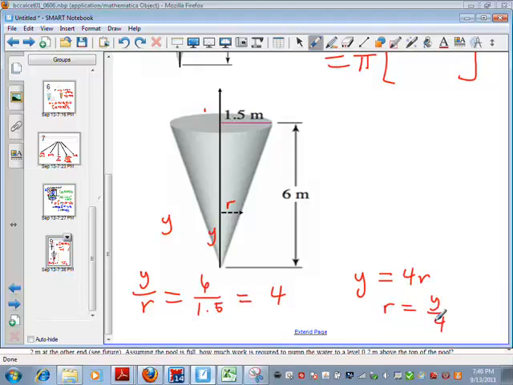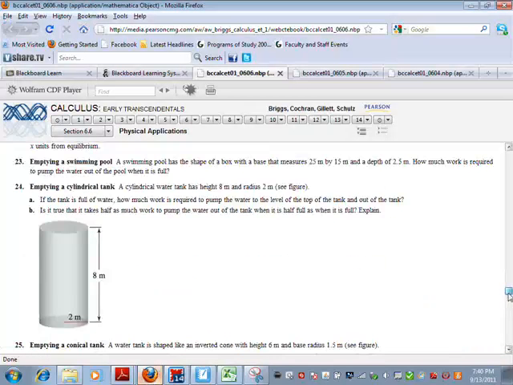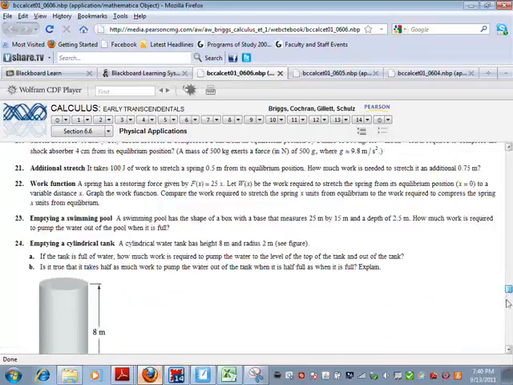So that's what I mean by it depends on the object I give you, right? If I give you a cone, then you've got to do something like that, maybe use it in a different way, to find what the radius should be. It all depends on the object. So in the book, I think they only give you a cylinder.